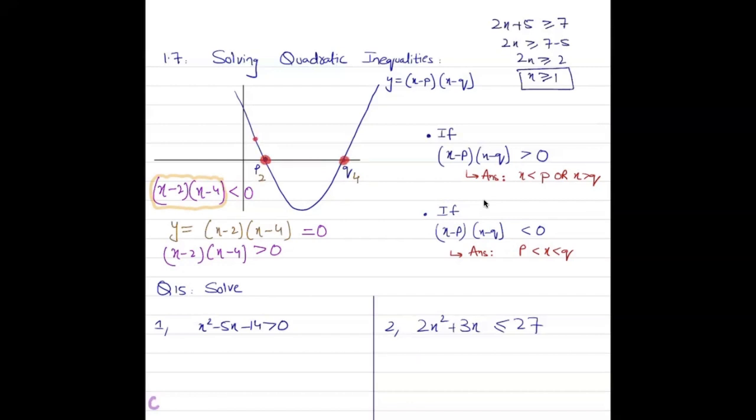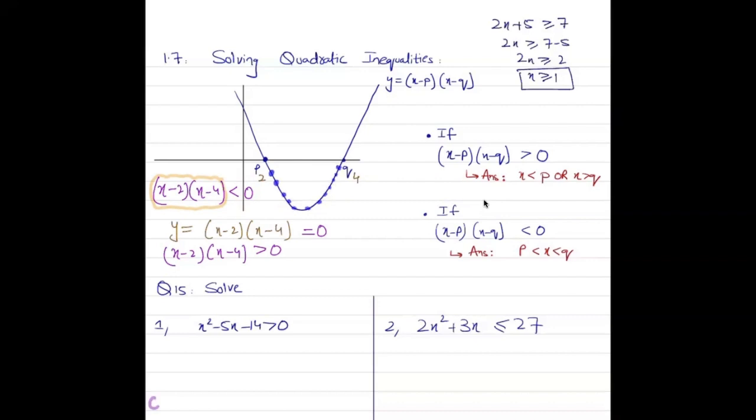The value of the quadratic function is positive over here. That's why it's above the x-axis. And the value of the quadratic function is positive over here. The value of my quadratic function is negative over here, right? That's why it's below the x-axis.